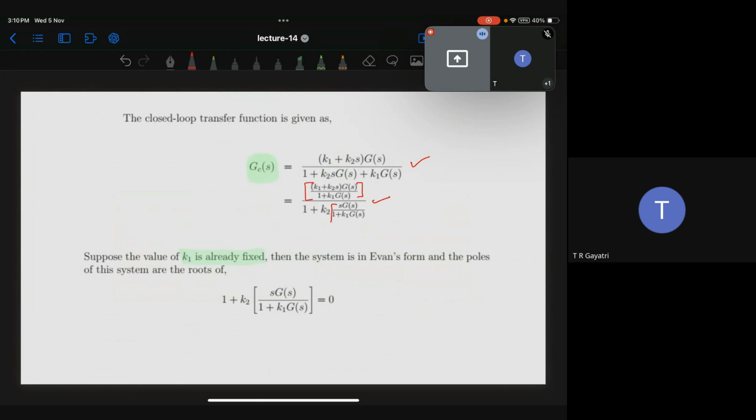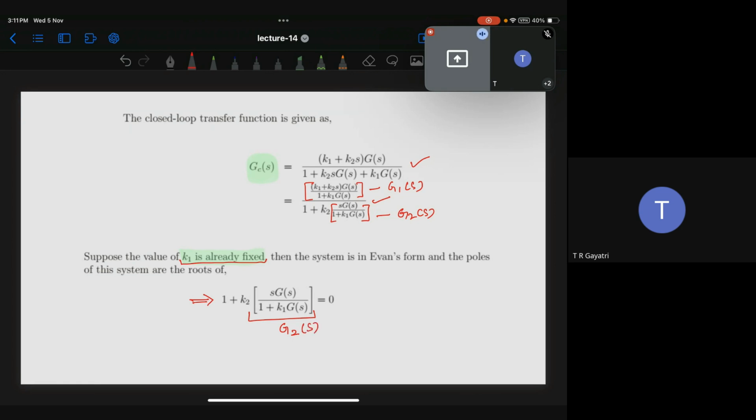Now you can see this is g1(s) and this is g2(s). This looks like the Evans form if you fix k1. Then we want to check the roots of this denominator, which will be your g2(s).